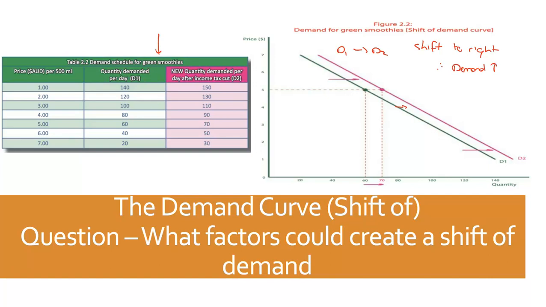What factors do you think could have created a shift of demand where for each price point, for example, $1, 140 used to be demanded, now 150 are demanded? So what could lead to this shift in demand? What factor could create it? Have a think, maybe even write a list.